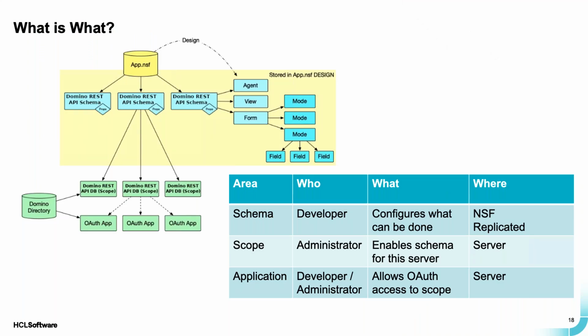So the schemas are JSON documents that define what is exposed for a particular Domino database. So what forms, what views, what agents, for example, and for a particular form, what modes are available and what fields are available at those modes.